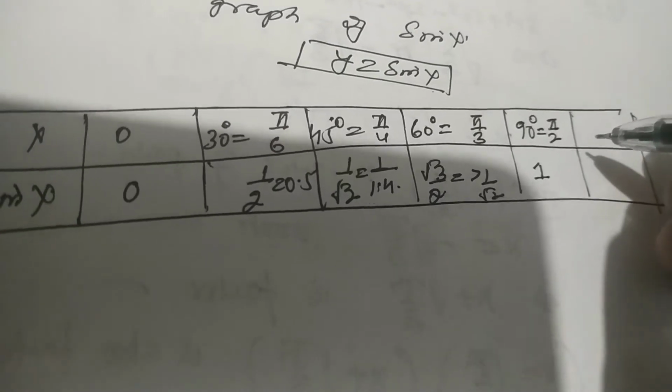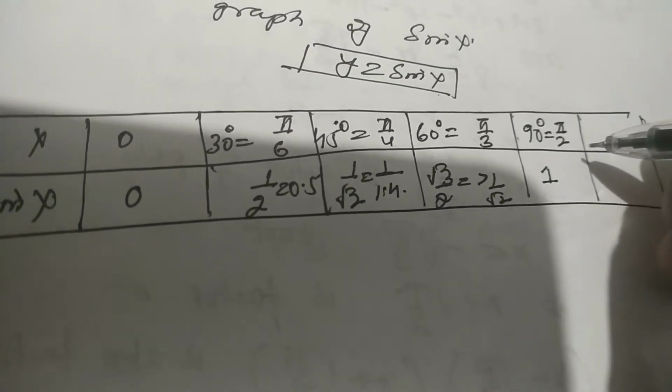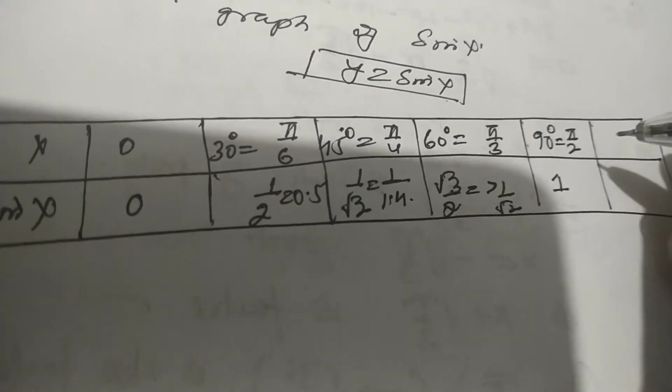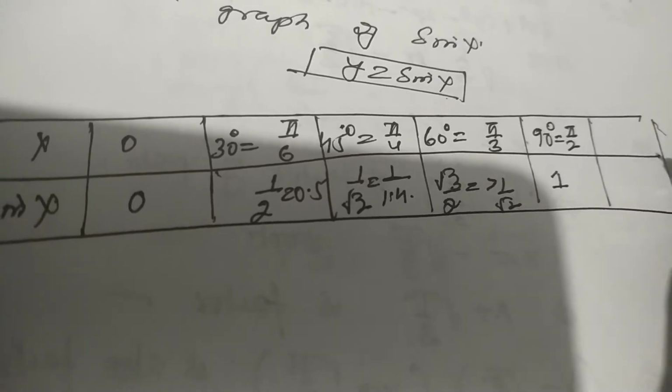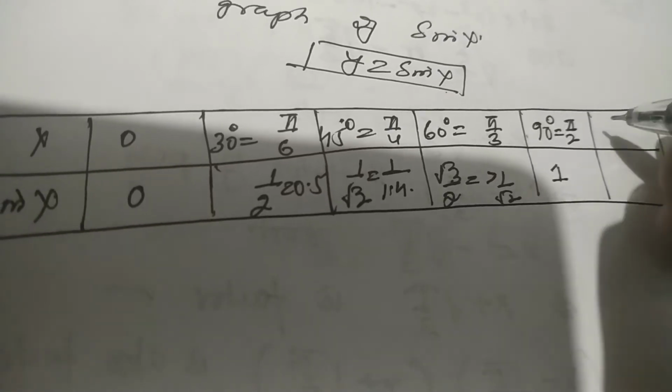We know that in the second quadrant, the value of sine will decrease to 0.